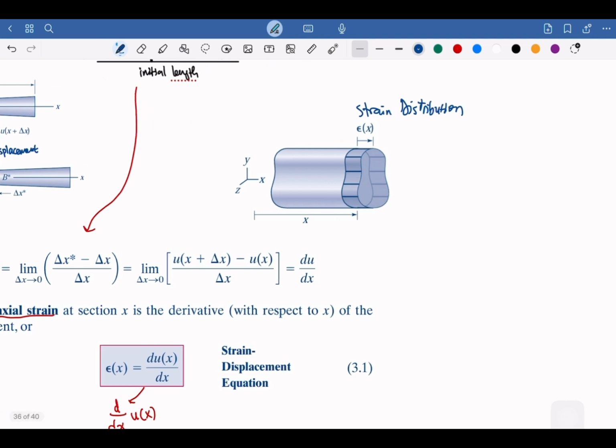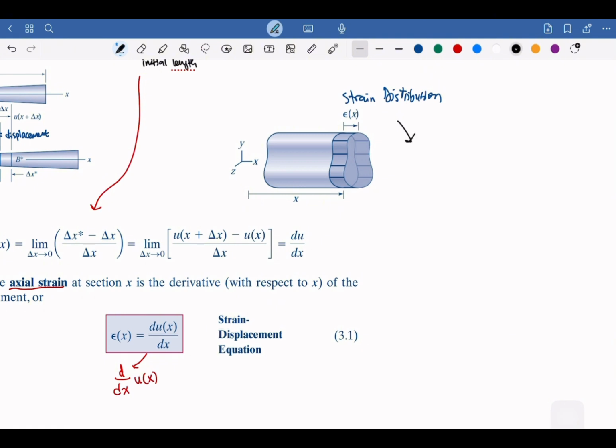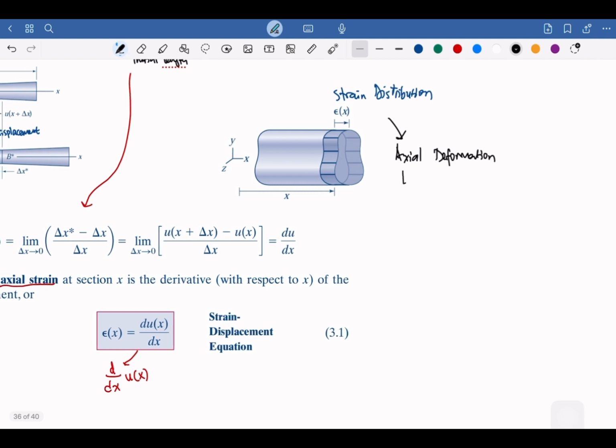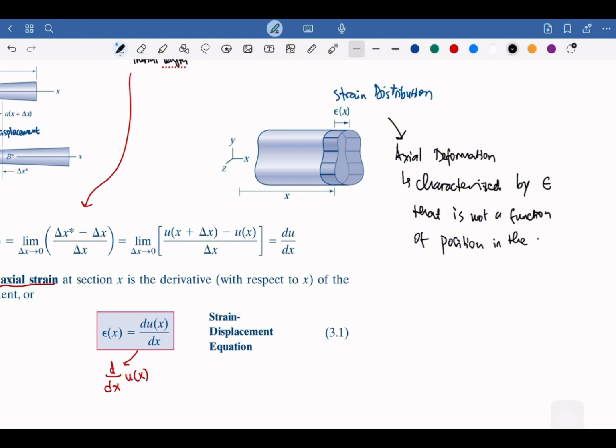If we want to rewrite it, axial deformation will be characterized by the extensional strain that is not a function of position in the cross section, which means we only care about the two ends.